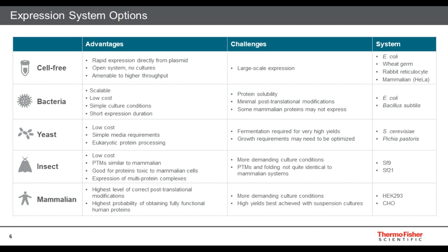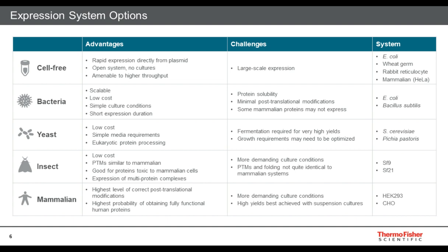To start off, let's back up and take a quick look at the basic model systems for overexpressing proteins. The assumption here is that you're overexpressing a recombinant protein, not isolating an endogenously expressed protein. So the options are, starting at the top, a cell-free system, which is essentially an open system requiring no live cultures.